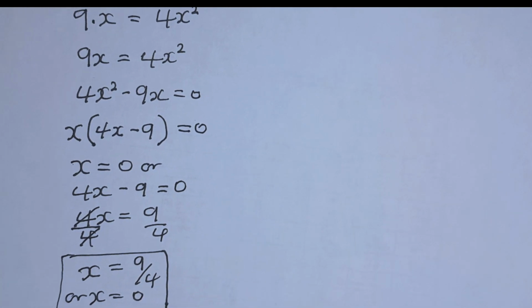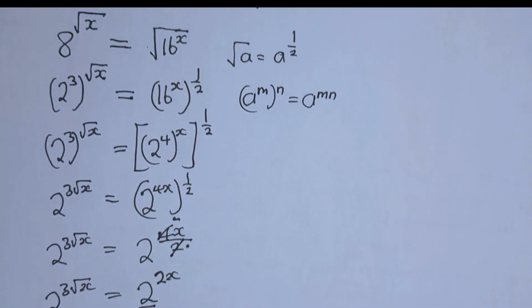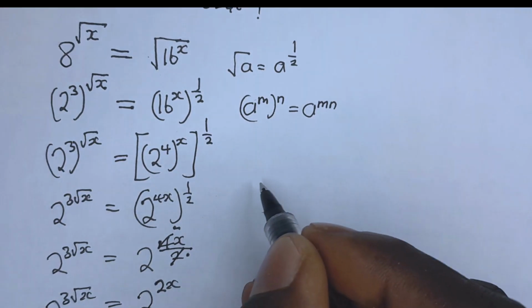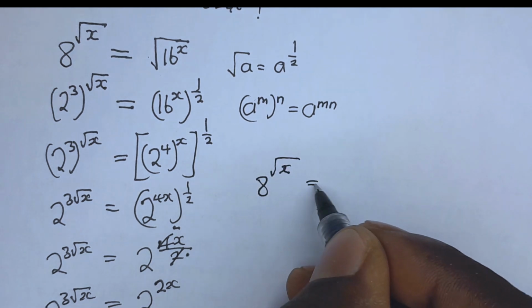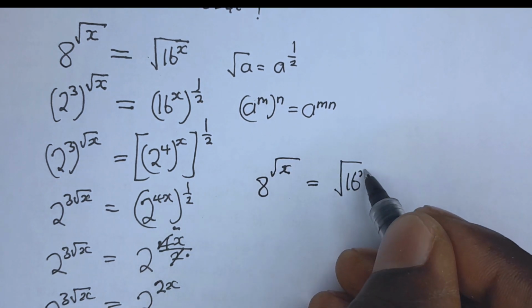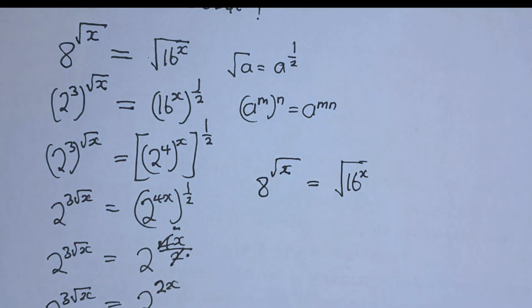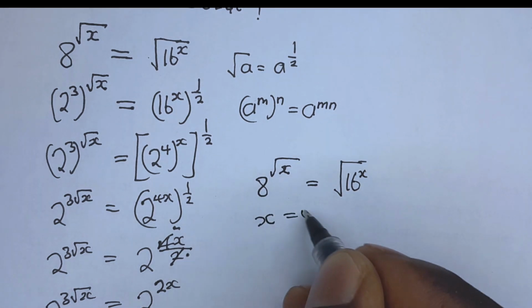We can verify the value of x equals 0 in the original equation. So we have 8 to the power of square root of x, which is equal to square root of 16 to the power of x. So let's choose x is equal to 0 first.